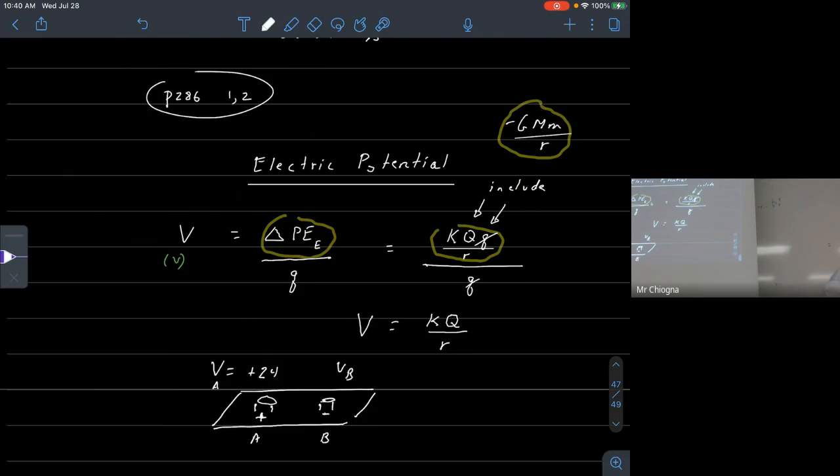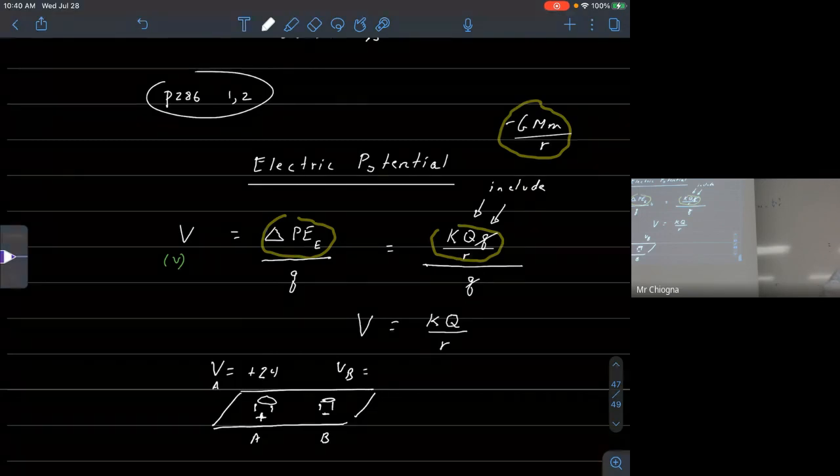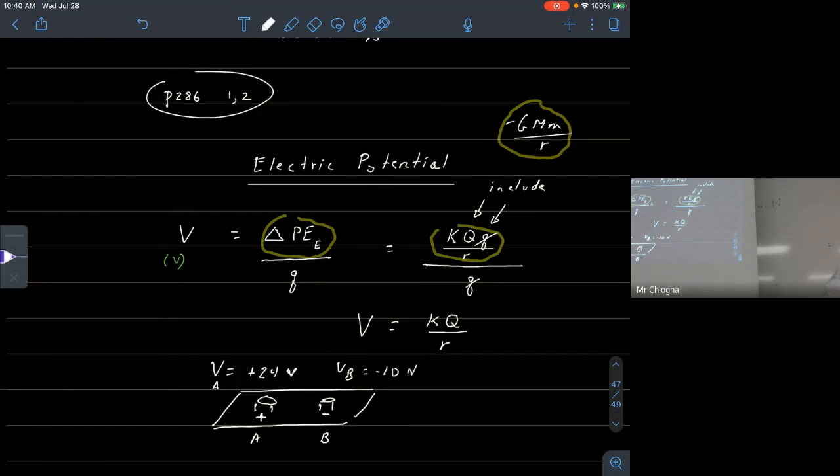VB, let's see, it's 24. VB would have to be negative. These numbers aren't right, but I don't know. Negative 10 volts. Okay, the difference VAB, the VA minus VB. That's 24 minus a negative.